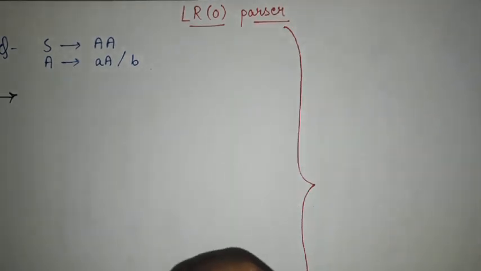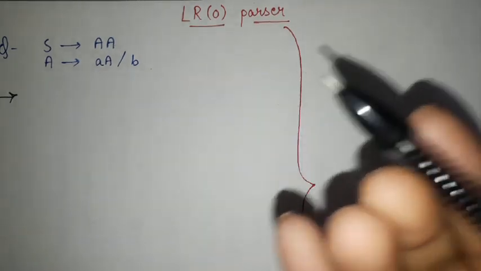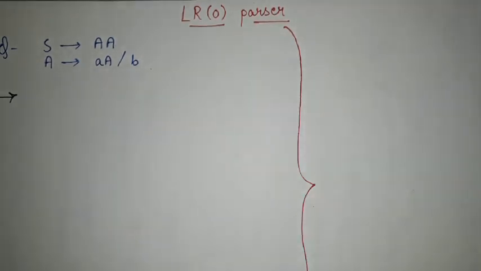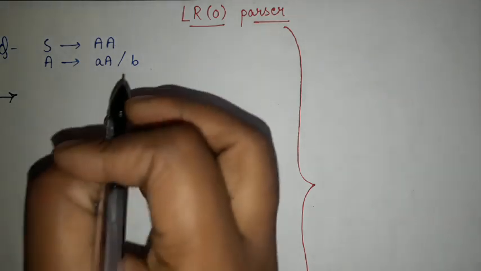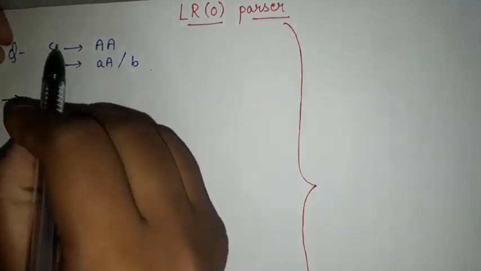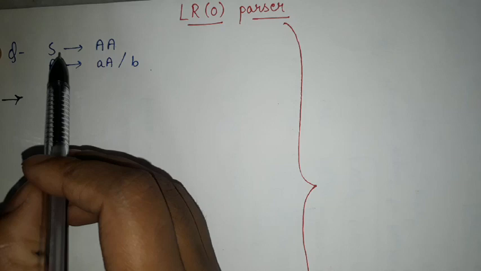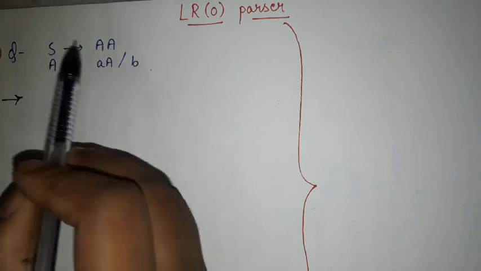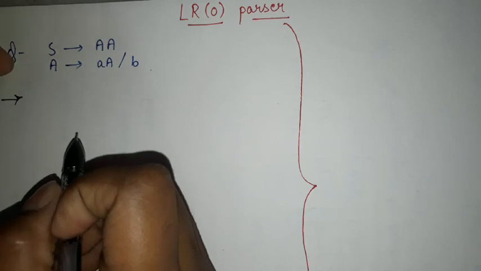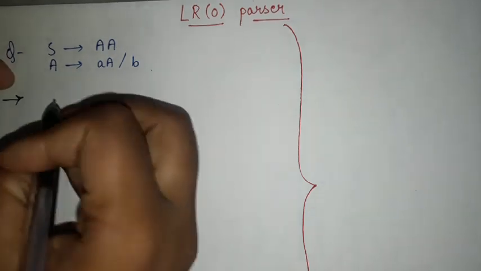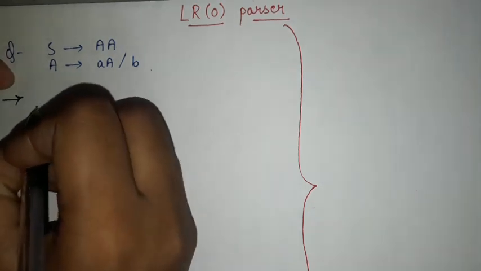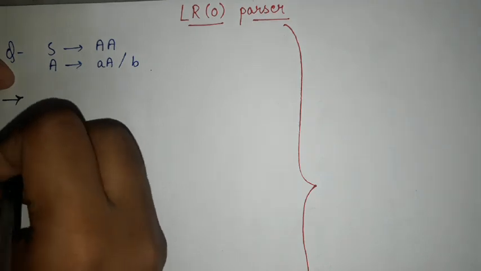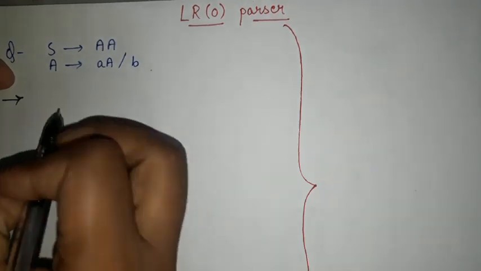Now obviously you might not know what a canonical collection is, so I will explain. What is the canonical collection of LR0? See, these are the productions. How many productions are there here? S gives AA, A gives small a and A gives B. Total 3 productions are there. So what I have to do is write them in the form of LR0 items.